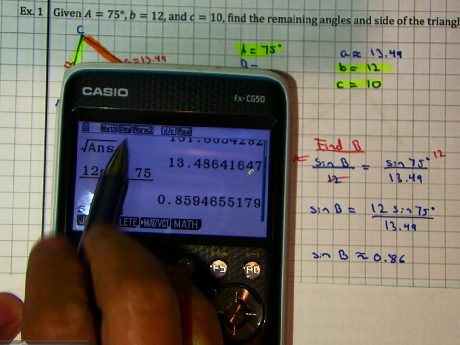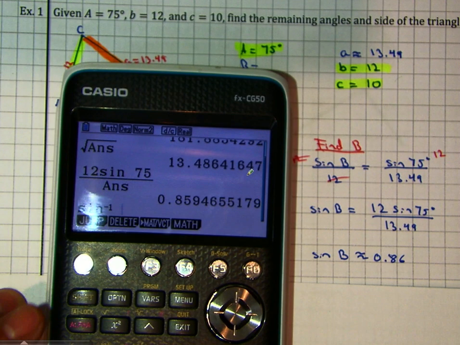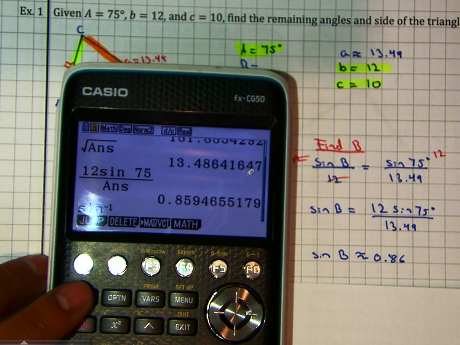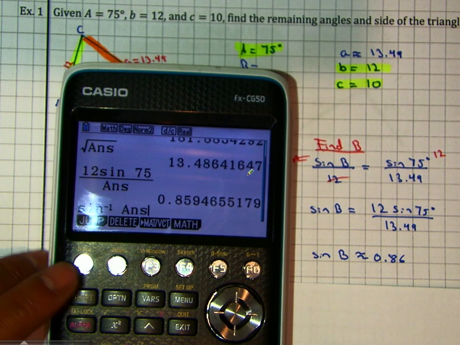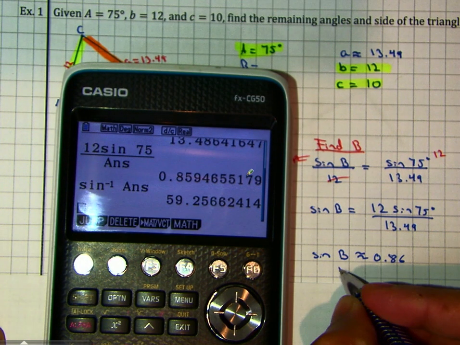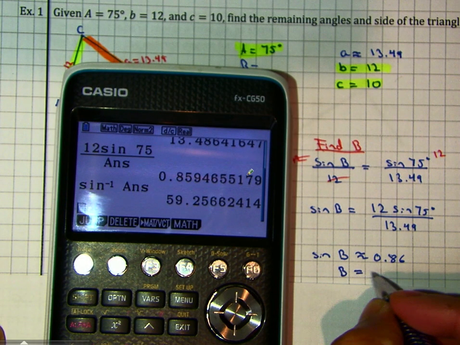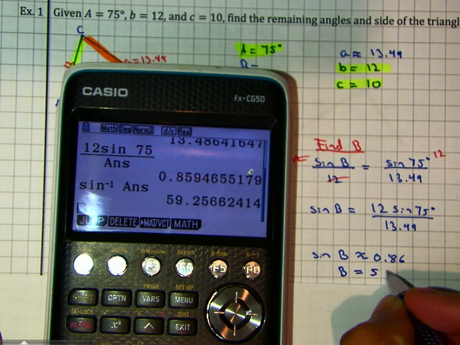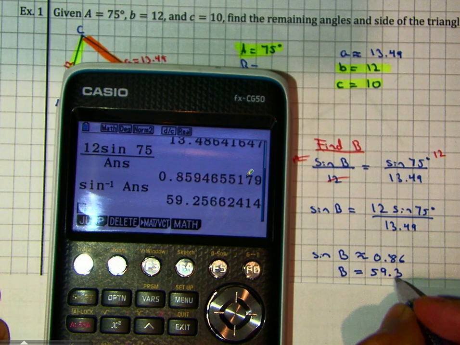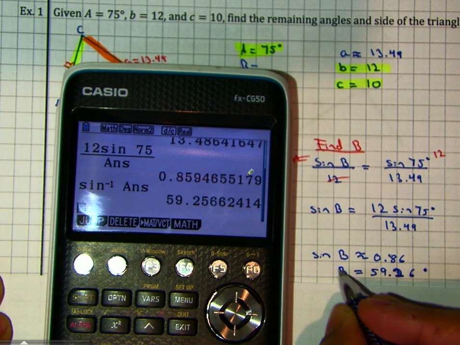Make sure that you're on degrees. So therefore, angle B is equal to 59.26 degrees, with 2 decimal places.